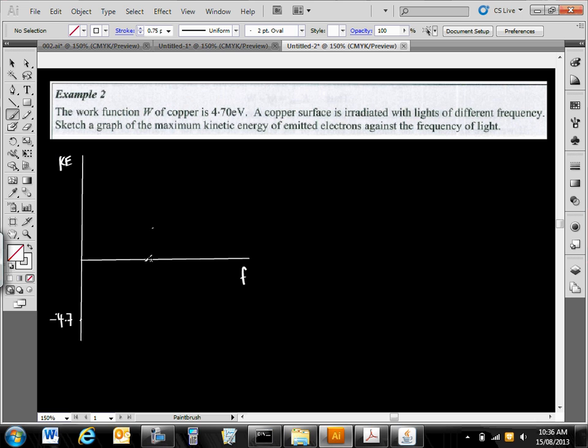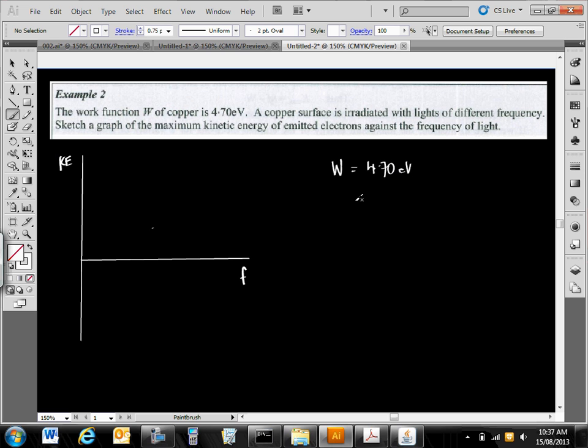We need to know what f is, don't we? You need to know what that threshold frequency is. Now, work function, they've given it to us as 4.70 eV.